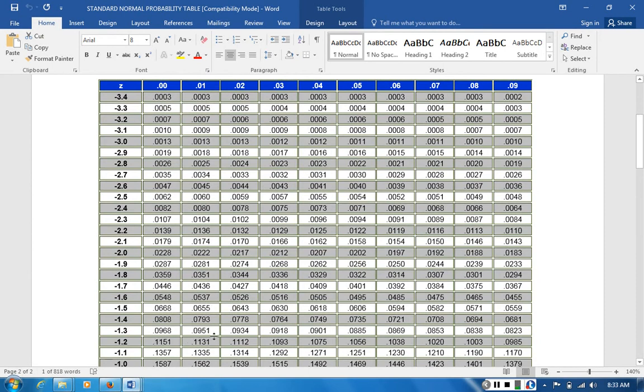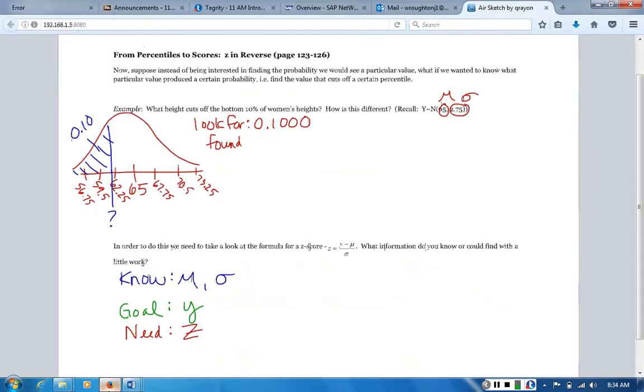I then am going to look in both of these columns as I move over until I find the closest thing to 0.1000 that I can. So about the closest thing I find here is this 0.1003. So I'm just going to make a little note of that for myself here real quick.